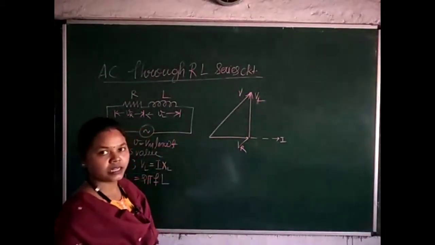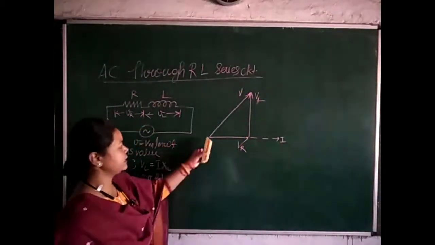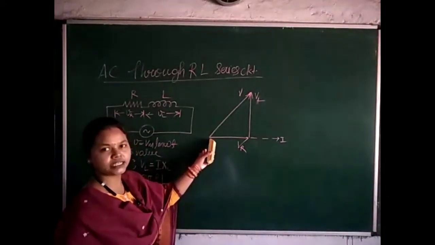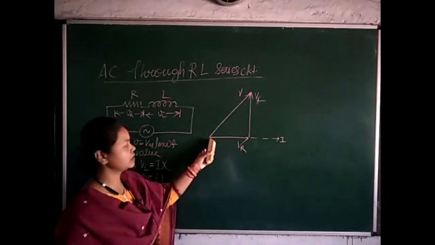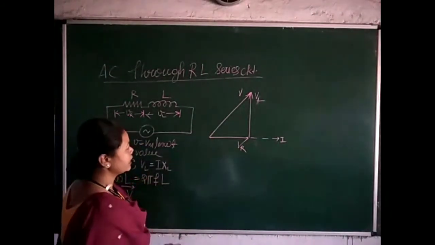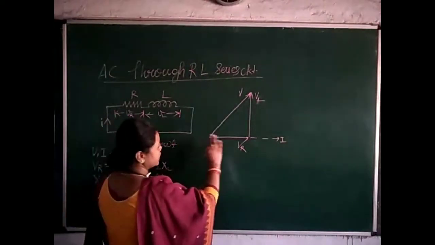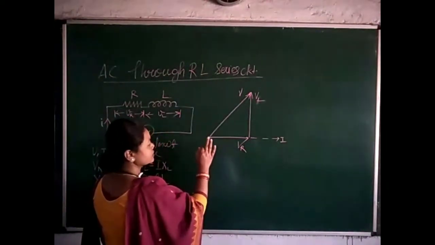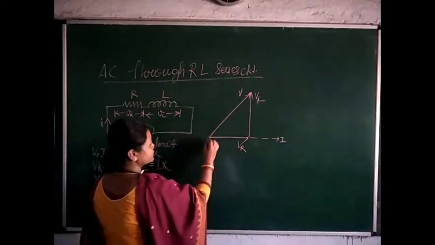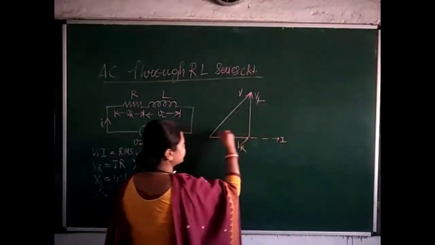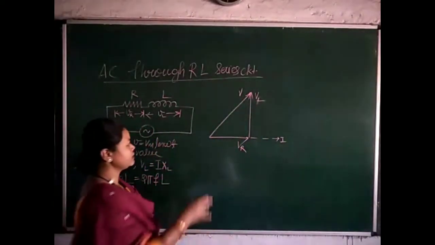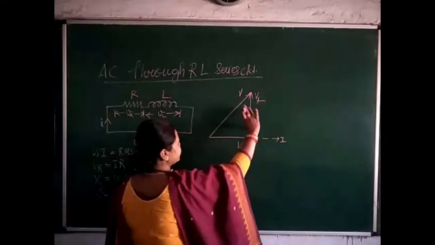Now this phasor diagram is called the voltage triangle because I represent all voltages of the circuit elements. If you analyze this voltage triangle, this one is the reference phasor for current, and this one is the resulting voltage, which you get by taking the vector sum of VR and VL.